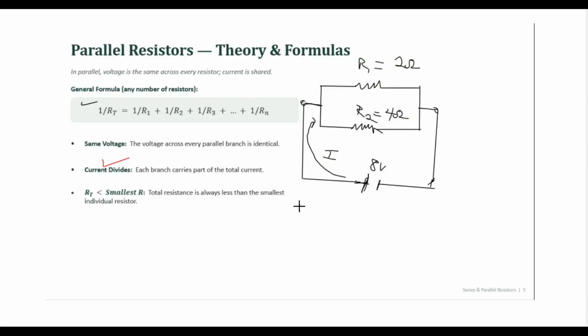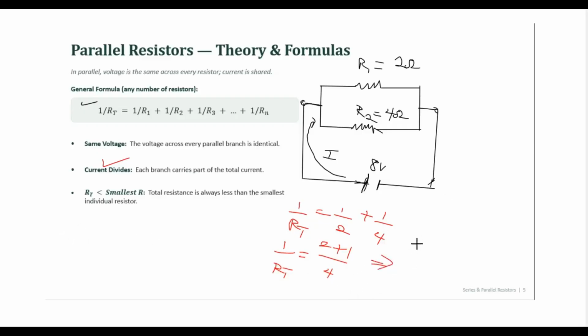You apply the formula 1 over RT is equal to 1 over R1, which is 1 over 2, plus 1 over 4, right? This can be for any number of resistors in parallel. I'm just taking 2 as an example to illustrate. So 1 over RT here is equal to 2 plus 1 over 4.